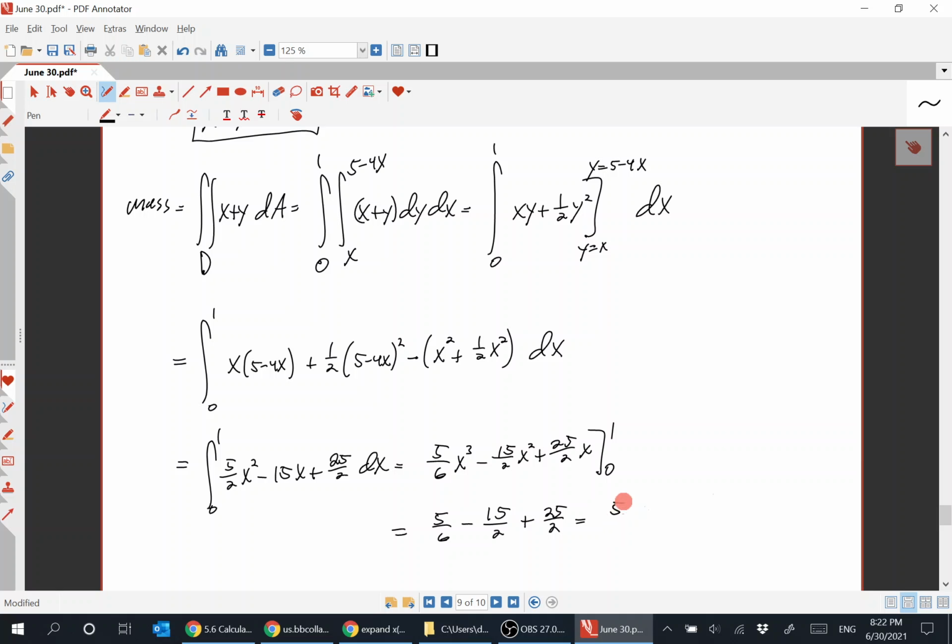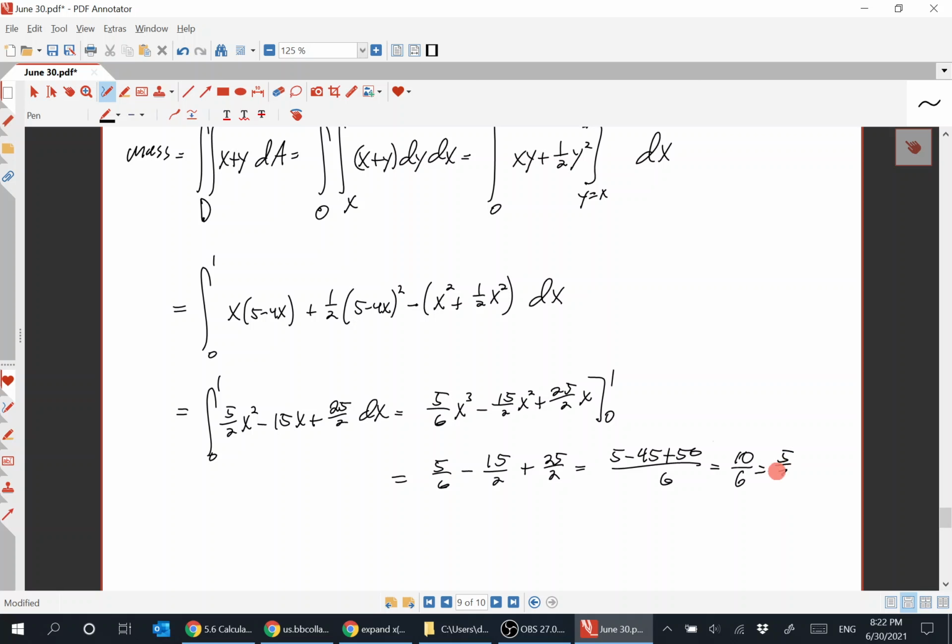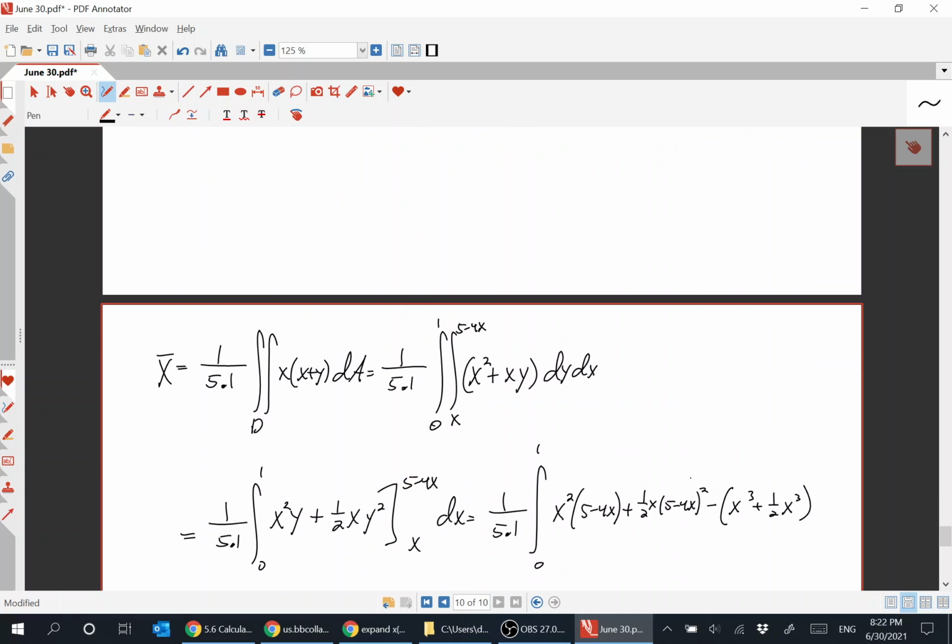So this is 5 minus 45 plus 50 over 6. That's 10 over 6. Right? 50 minus 45 is 5 plus 5 is 10 over 6. So that's 5/3. So this is then 3/5.